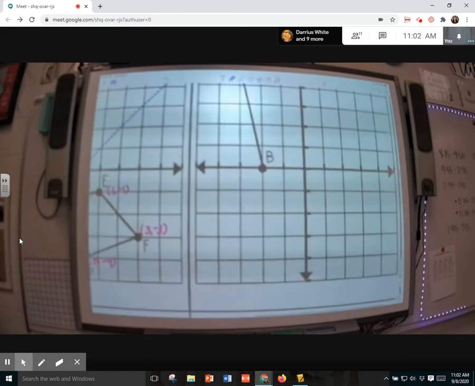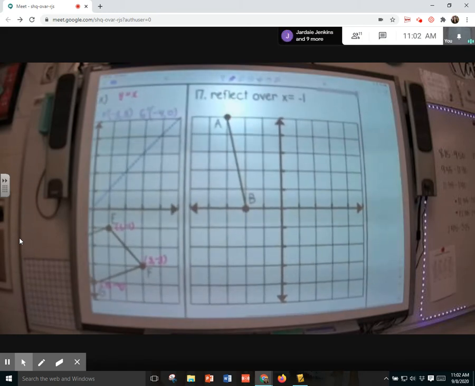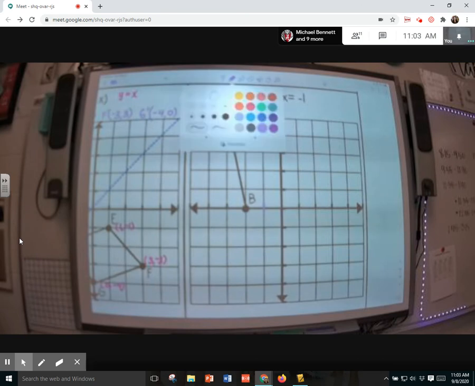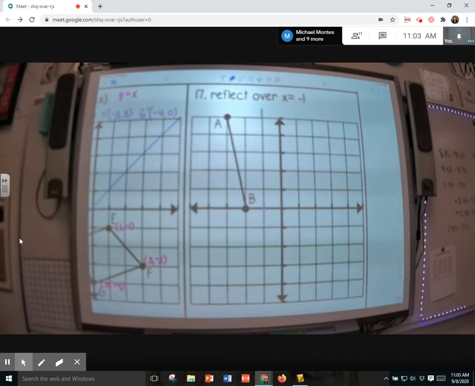Okay, so on number 17, it wants you to reflect over x equals -1. So my first thing, I'm going to go on my x-axis, and I'm going to look for -1. Here's my -1, right? There's where x equals -1. So that right there is going to be my line of reflection, where all of the x's are -1.